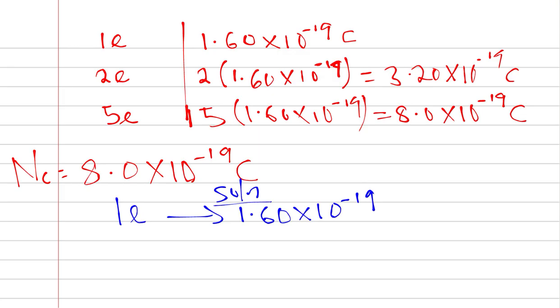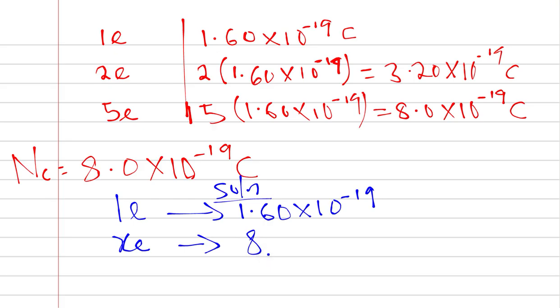Then x electrons will cost 8.0 times 10 to the power minus 19. What we just do is cross multiply.